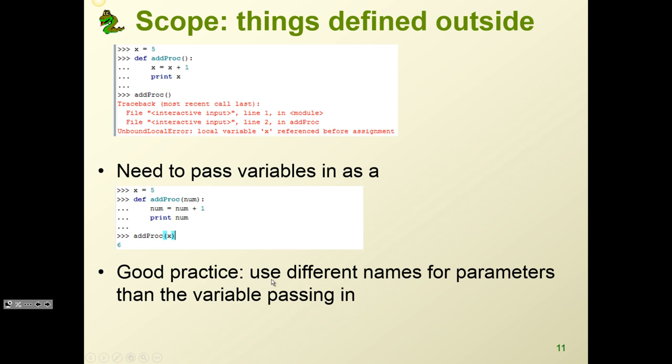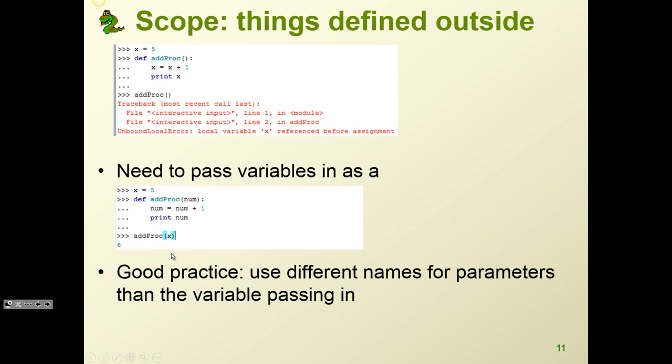One thing you may have noticed is that I use the variable named x outside of here and the variable named num inside of here, and that was intentional, because it's a good idea to use a different variable name for the same thing that's being referred to inside of the function. It has to do with human confusion on which x you're dealing with.